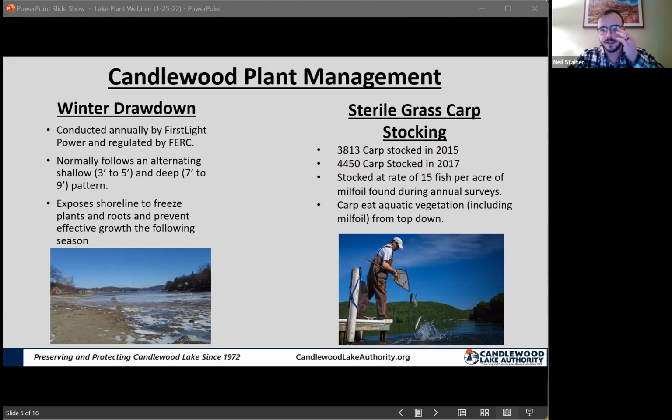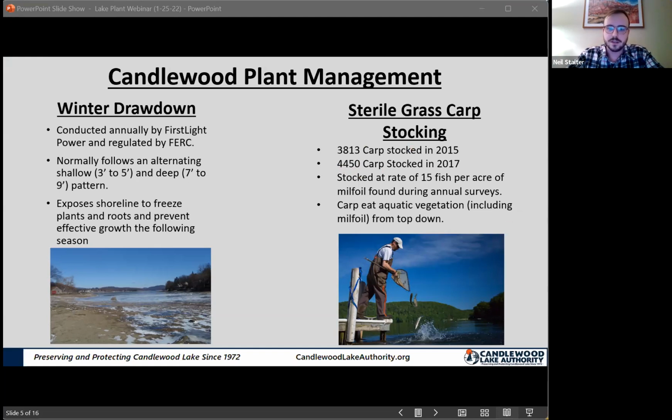Those were the only two stockings in Candlewood Lake. The stocking rate was 15 fish per acre of milfoil found during those annual surveys. So you take the total acreage of milfoil found in those surveys, multiply that by 15, and that's where the total number of fish came from at that time.